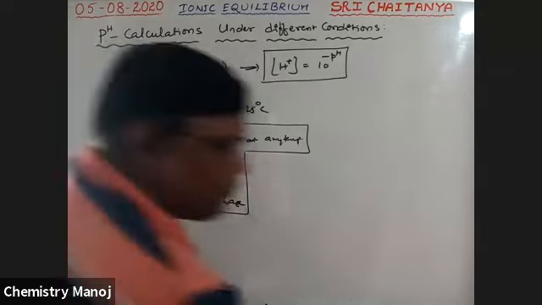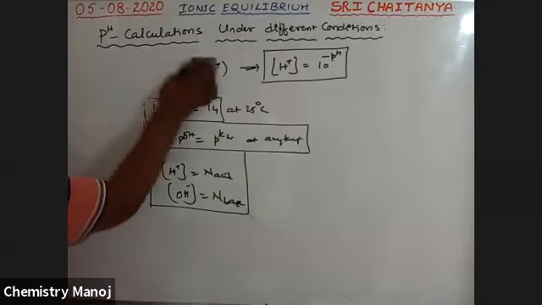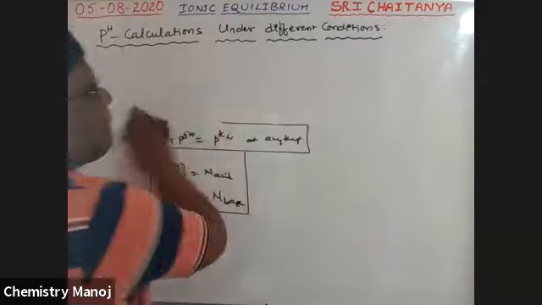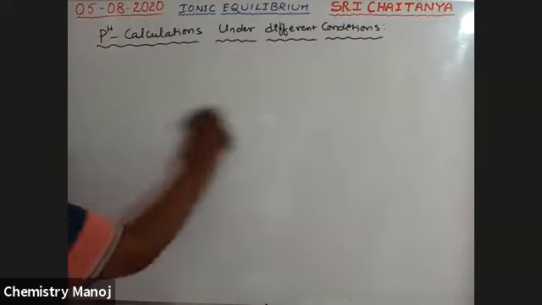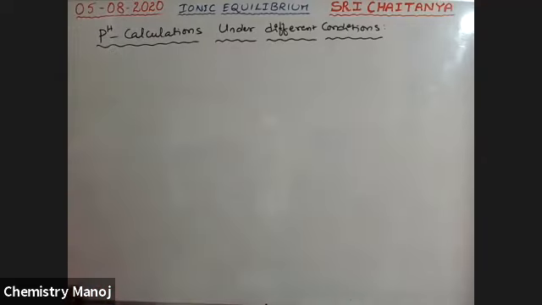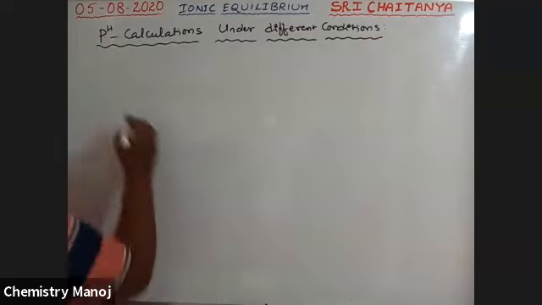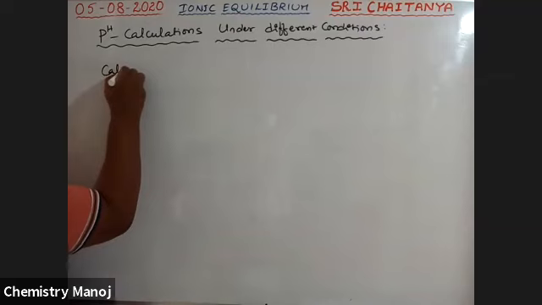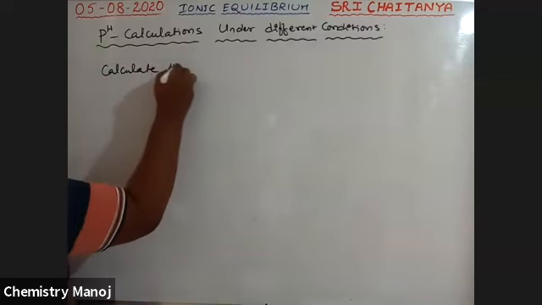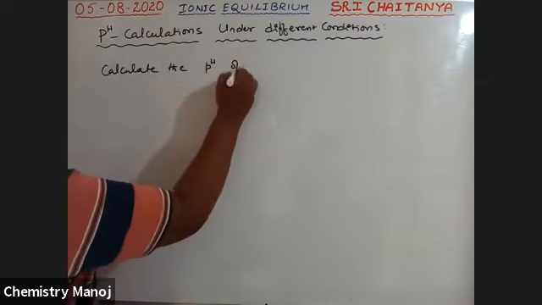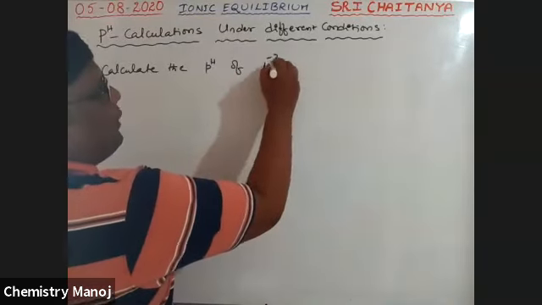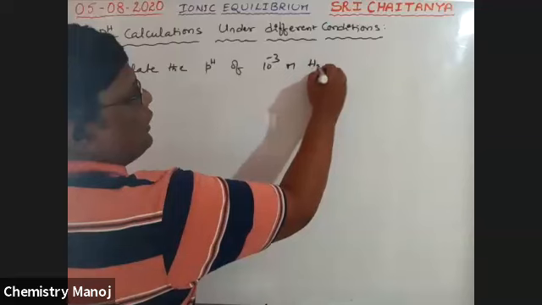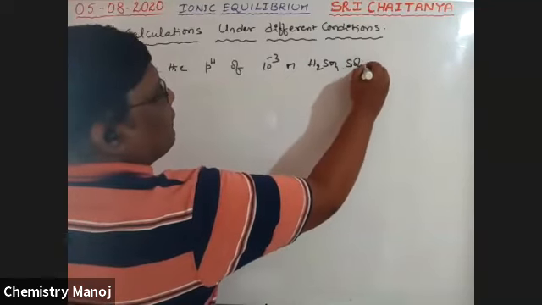Okay, now I am taking problems. Calculate the pH of 10 power minus 3 M H2SO4 solution.